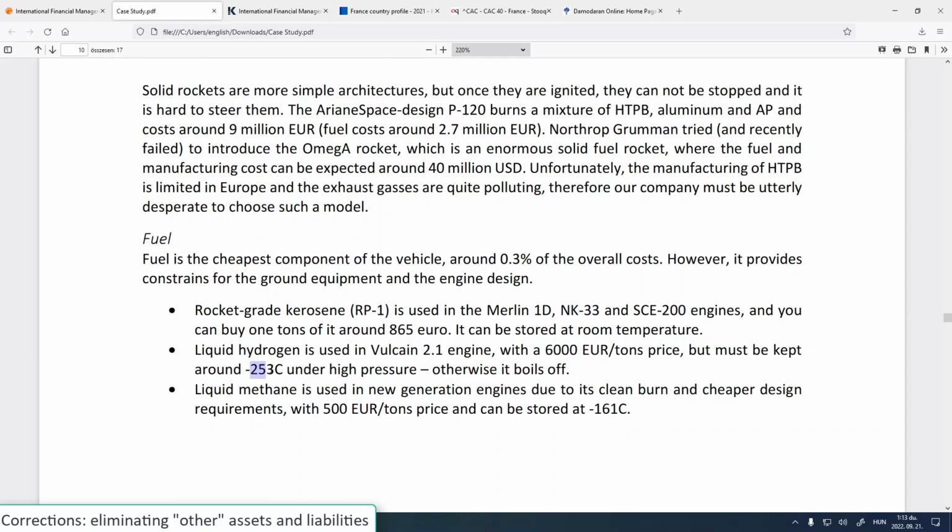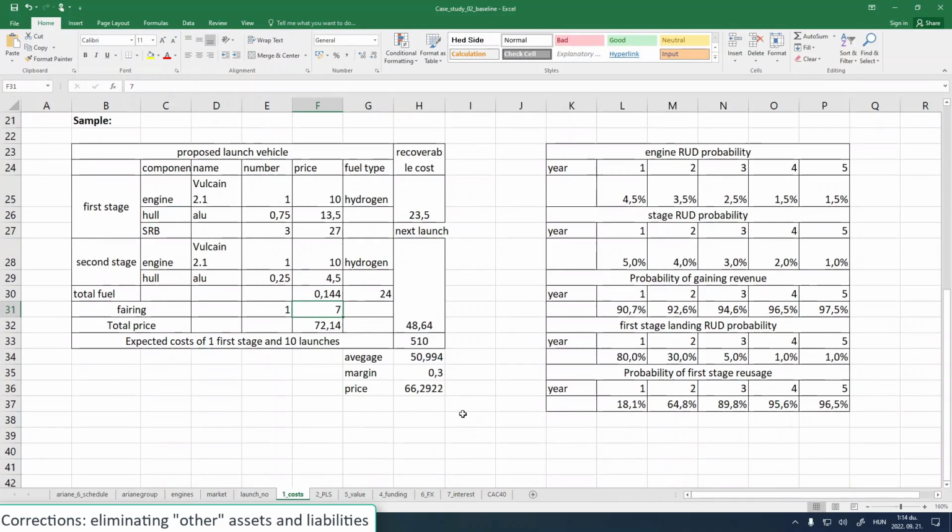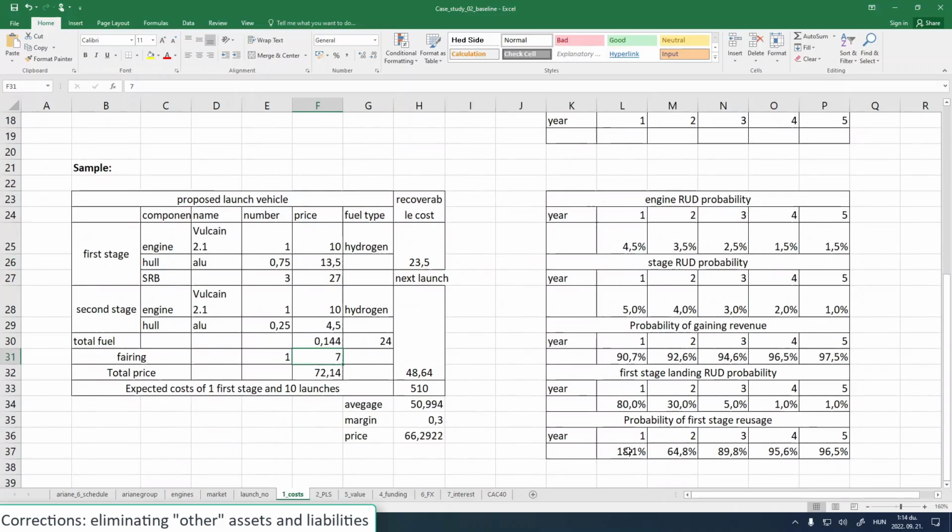Okay, to keep it near 0 temperature, I mean 0 Kelvin, not Celsius. So it's not just the hydrogen that is expensive, but also the entire vehicle, and it's not able to fly again. So it's 0, 0, 0.